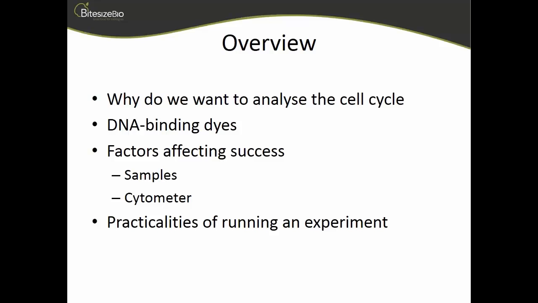Some of those factors are related to your samples: how you prepare them, how you fix them, the type of dye that you use. And some of them are related to the cytometer, making sure that your cytometer is optimally set up to give you the optimal results. There are certain things that you have to take into consideration to make sure that works okay.